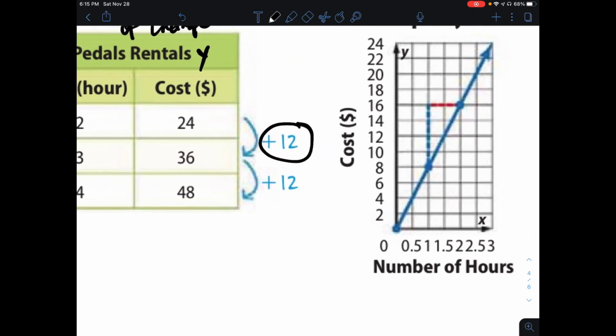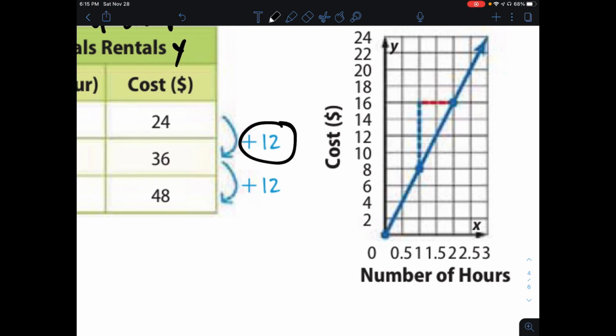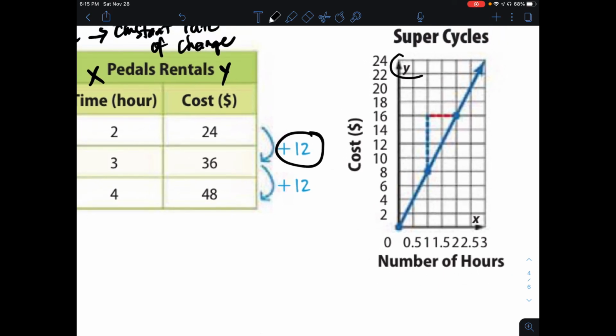Okay, let's take a look at Super Cycles. In Super Cycles, again, we now look at our y and our x. So again, we look at the change in y over the change in x. Change in y will be from 8 to 16, which is going to be 8.